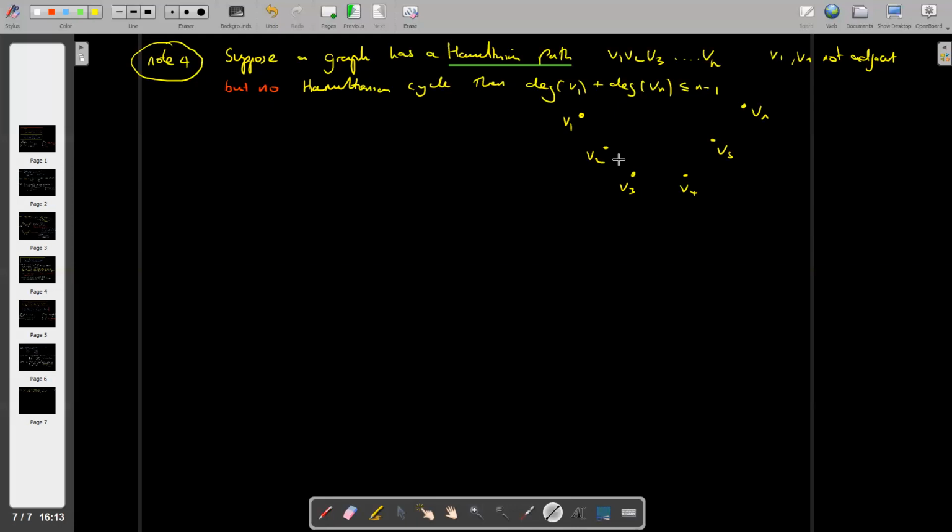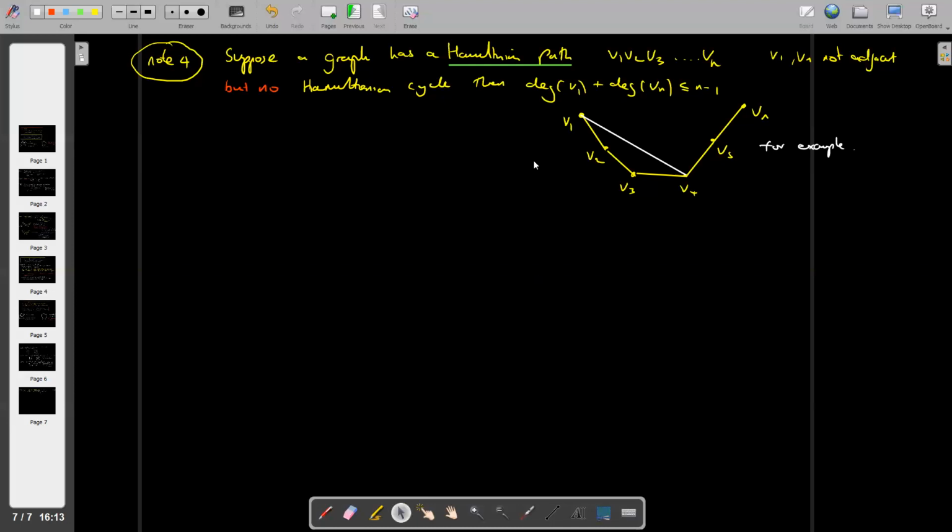Obviously you could have gaps in here or here. So here's our graph, and I'm going to have another edge here. So the Hamiltonian path is V1, V2, V3, V4, V5, Vn. There's the Hamiltonian path. It doesn't have a Hamiltonian cycle. So this is an example.